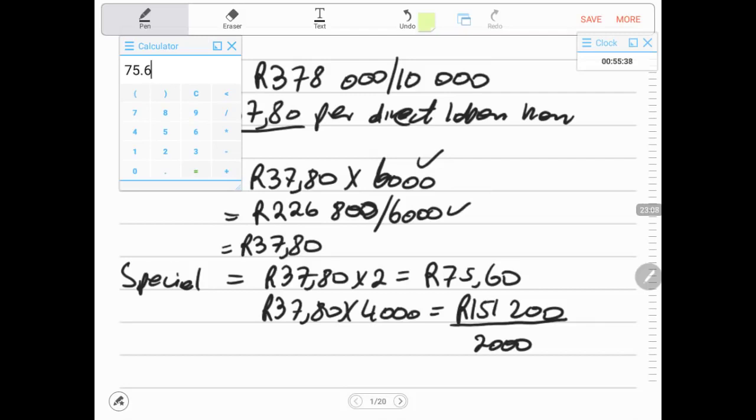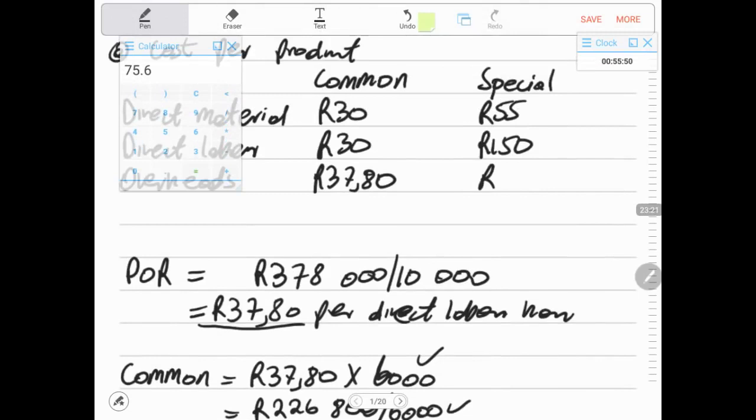Again, we still get to the same 75 rand 60 cents. So either way, you are going to get to the same amount of 75 rand 60 cents. So the cost per unit of manufacturing overheads is 75 rand 60 cents for product special.